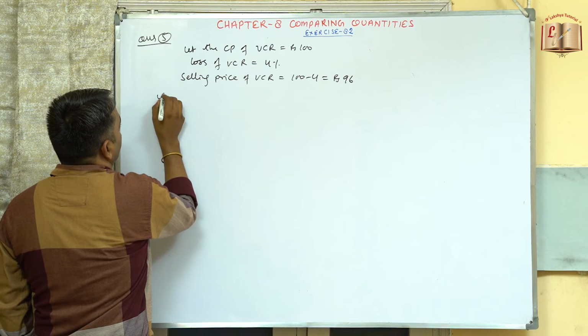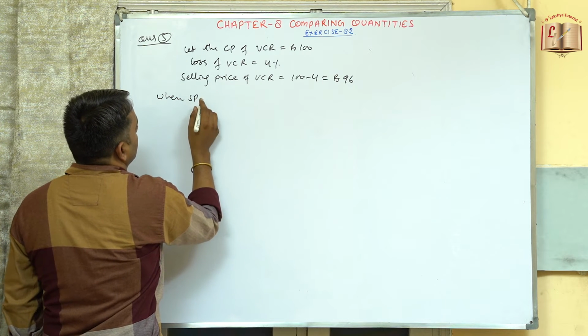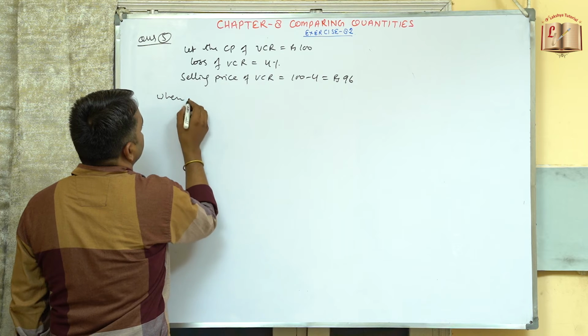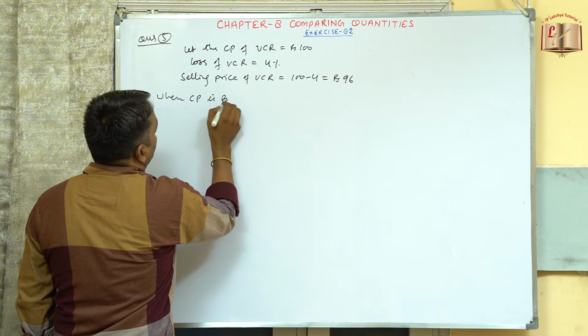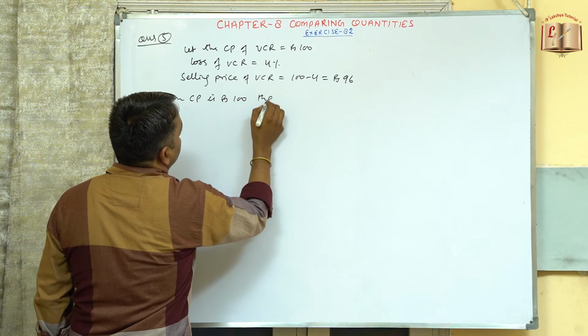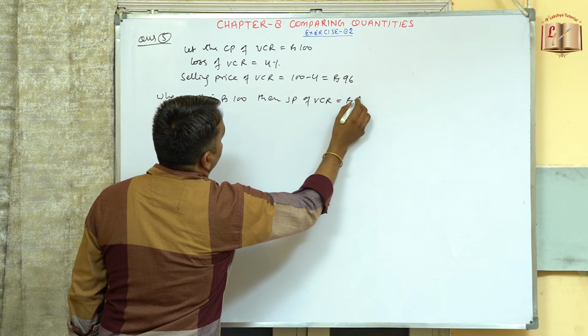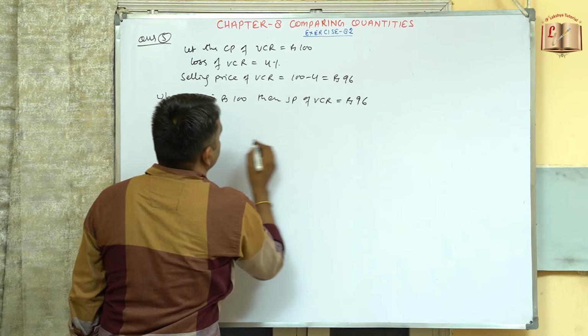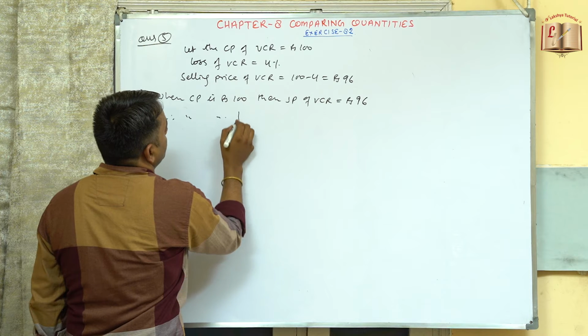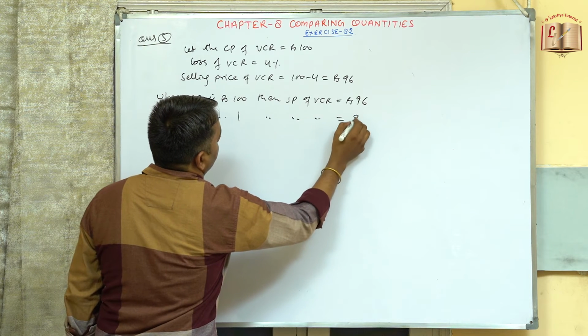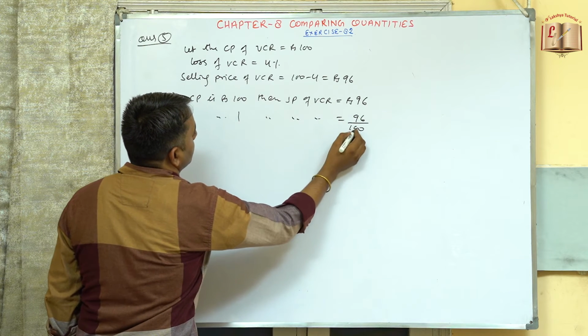Now, when CP is rupees 100, then SP of VCR is equal to rupees 96. So when the CP is 1, then SP will be 96 by 100.